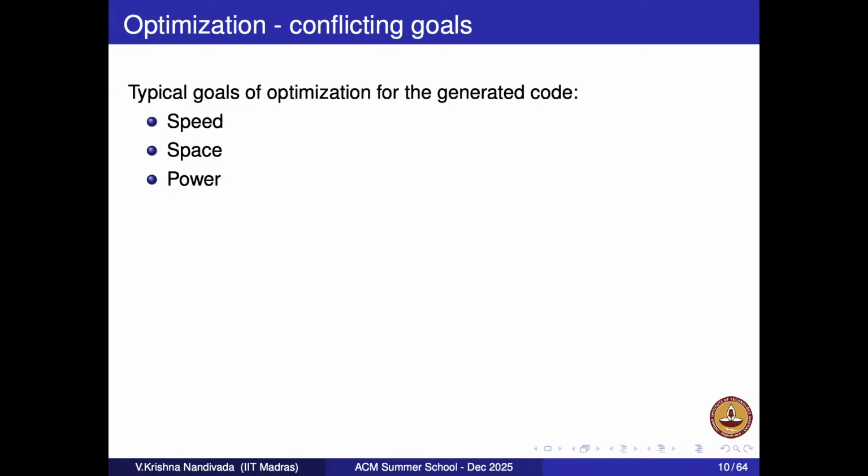And then sometimes you want to optimize it for power. Let's say your cell phone apps or my watch app, right? You want it to run fast, but also it shouldn't consume too much battery, right? Ideally, we want it to run fastest, take least space, take least power, right?